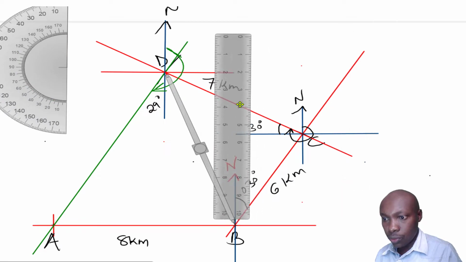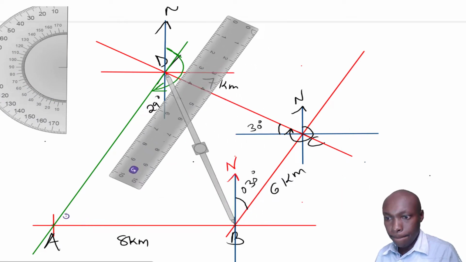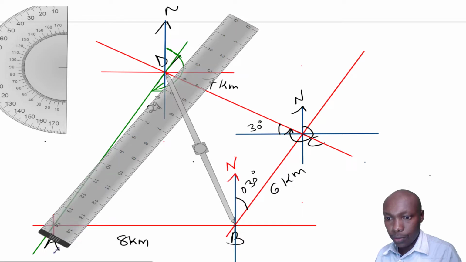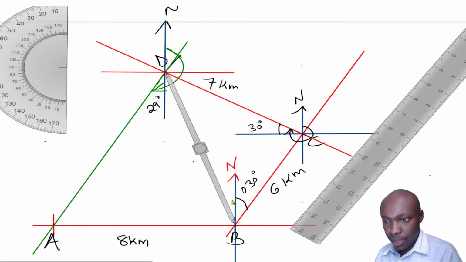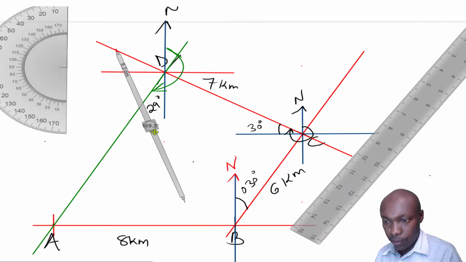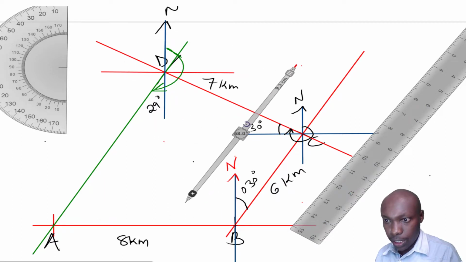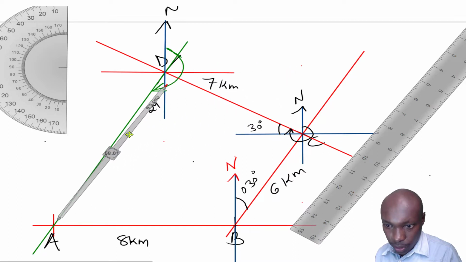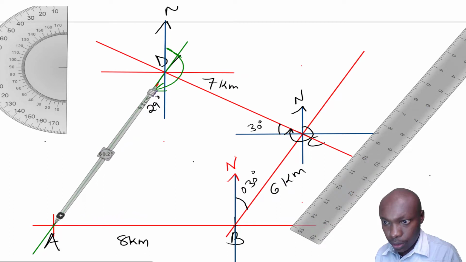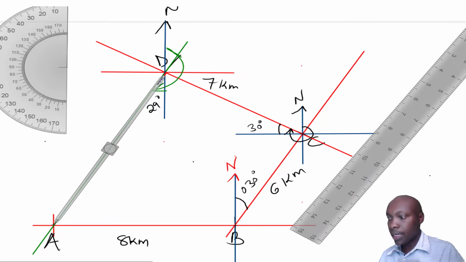This is the distance I want to measure, but I think the best thing I can use is just this pair of compass. Distance AD is what we don't have, so we can place it there. And to get this distance, as you can see, that distance is around 10.